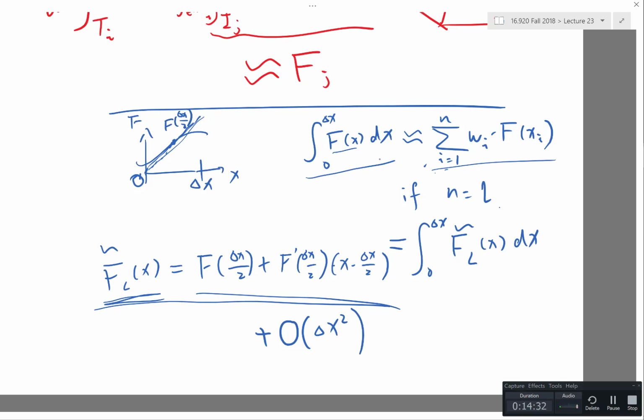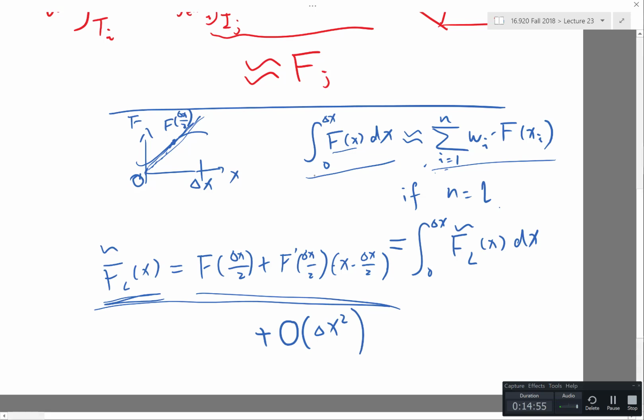Only 1 point, right? This is because the 1 point Gauss quadrature is going to integrate exactly a linear function, which is actually a second order approximation for the original function, right?